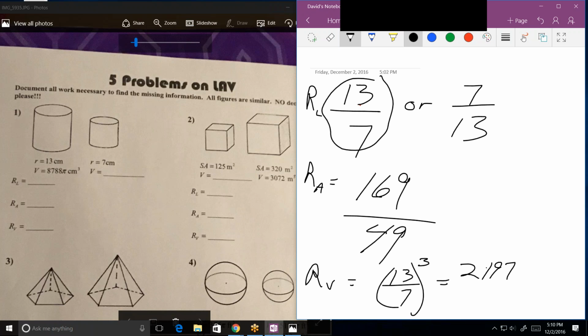And then 7, it is 343. Okay. And that number can be divided by 9. This number here cannot be divided by 3 or 9. So that's probably simplified.